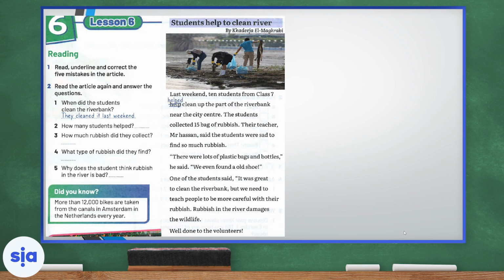Students help to clean river by Khadija Al-Maghrabi. Last weekend, 10 students from class 7 helped clean up the part of the river bank near the city center. The students collected 15 bags of rubbish. Their teacher, Mr. Hassan, said the students were sad to find so much rubbish.